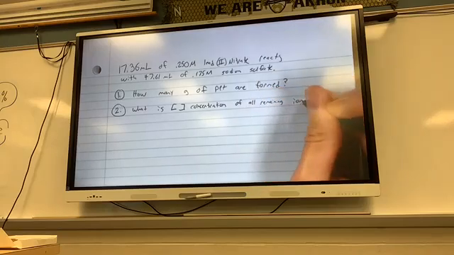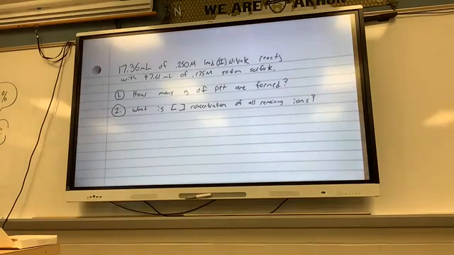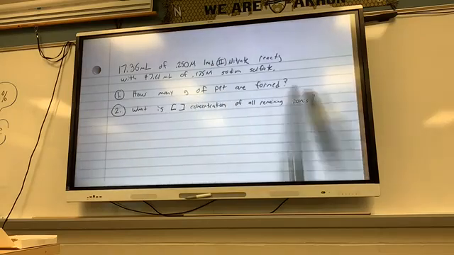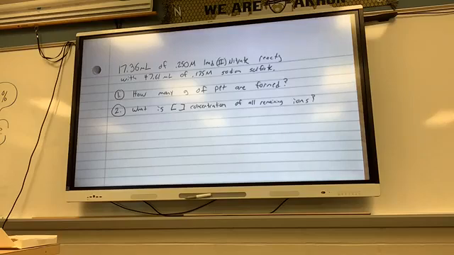What is the concentration of all remaining ions? The first thing I want you guys to do is from yesterday, write your balanced equation, figure out your limiting reactant, and figure out how many grams of precipitate are formed. Take 5 minutes and do that first. And we'll do part 2 together.